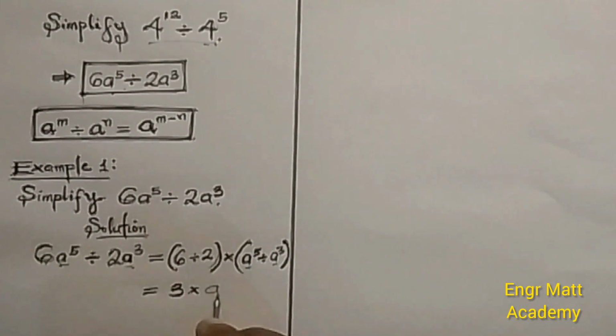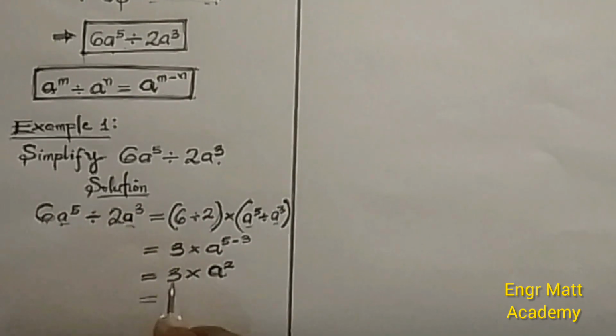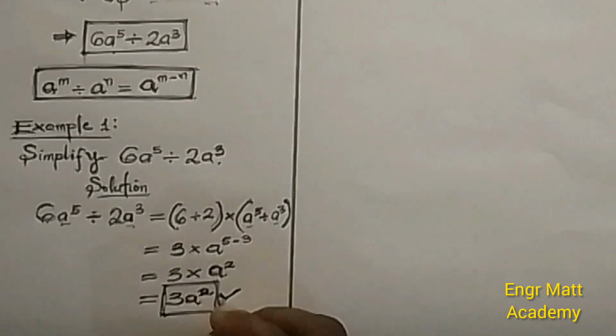There will be a 5 minus 3. This will give us 3 times a raised to power 2, because 5 minus 3 is 2. Finally, we say 3 times a squared, that will give us 3a squared. Now the final answer is this.